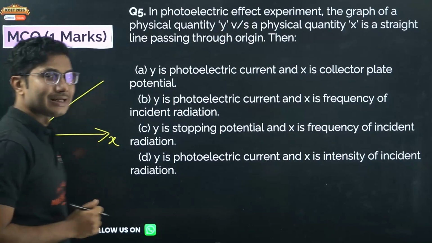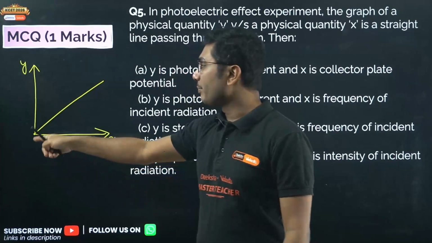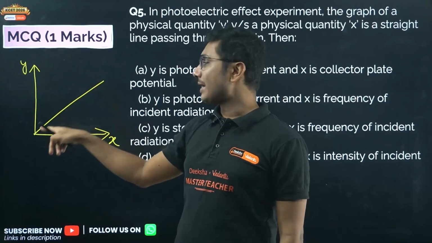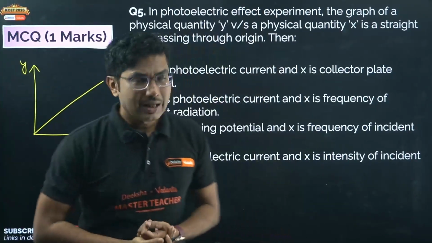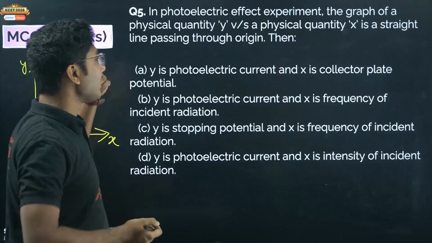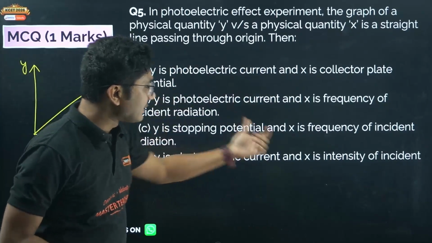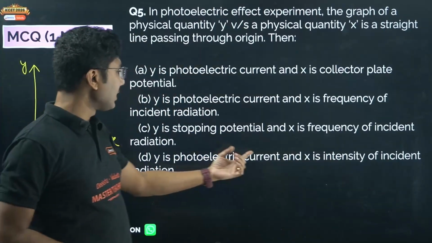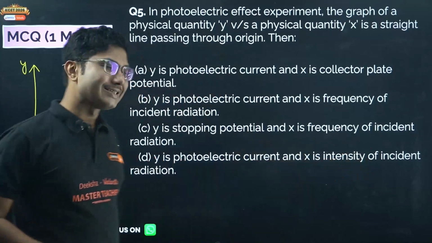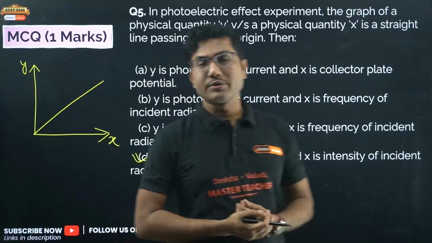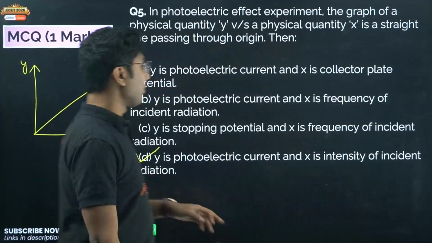What does this graph represent? Definitely y represents the photoelectric current, and x represents the intensity of the light. So y is photoelectric current, x is intensity of incident radiation. Only in this case will the graph be a straight line passing through the origin. Okay, now let's move on.